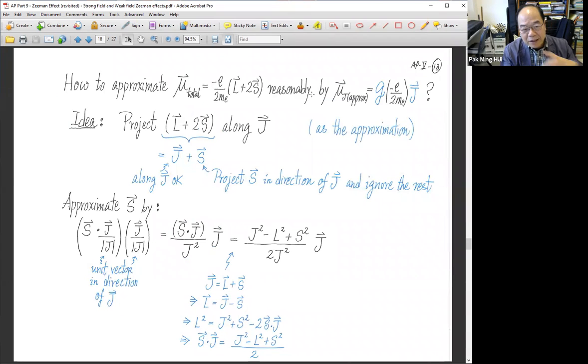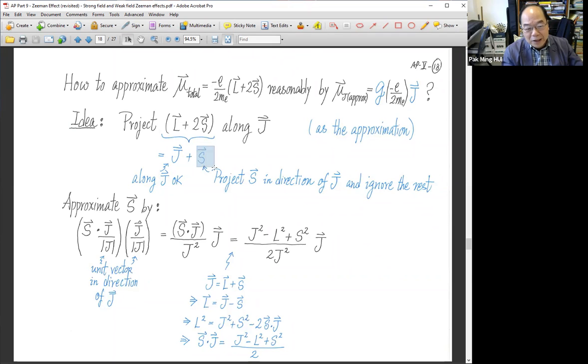As I already hinted at, we have L plus S plus S. L plus S is J. That is good. We want it to be parallel to J. We have something already there. But the extra bit is an S. We don't like this because J plus S will be in another direction, not J. So the idea is, how about this?